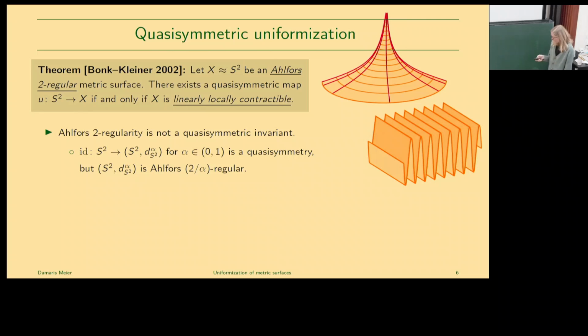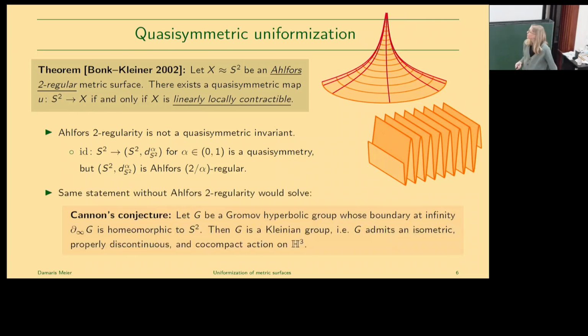Also, one other thing to mention is that if we had the same statement without this Ahlfors 2-regularity condition, then it would actually solve a conjecture in geometric group theory known as Cannon's conjecture, which tells us that if G is a Gromov hyperbolic group whose boundary at infinity is homeomorphic to the two-sphere, then it's a Kleinian group, so it admits a nice action on hyperbolic 3-space.